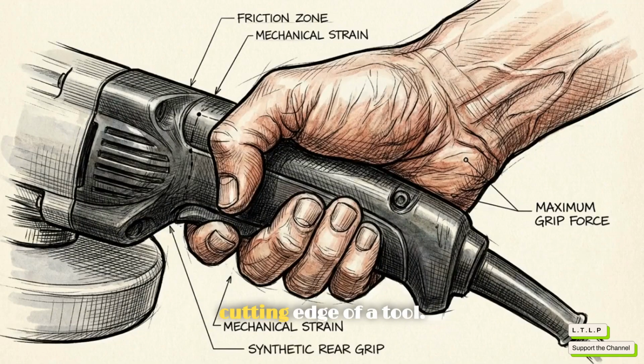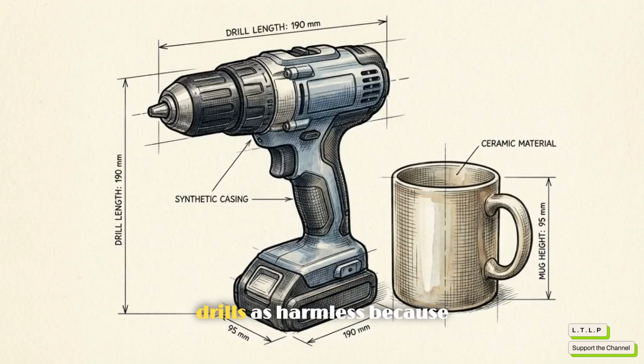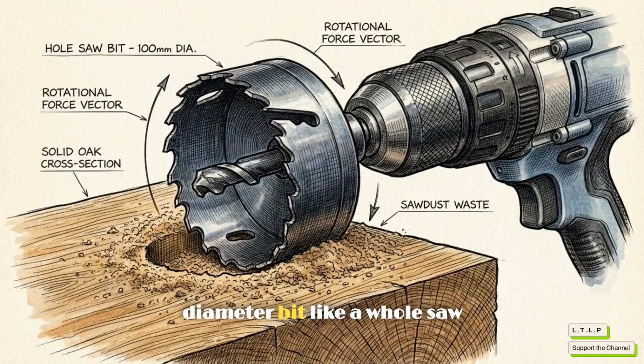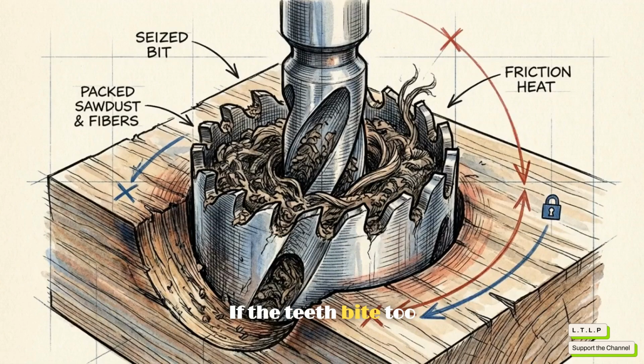Danger isn't confined to the cutting edge of a tool. Severe physical threats exist right where you grip the machine. People tend to view power drills as harmless because there's no exposed blade. They assume their own wrist strength can withstand the rotational force of the electric motor. Then they attach a large diameter bit, like a hole saw, and push it into dense material. If the teeth bite too aggressively and jam, the bit seizes completely.